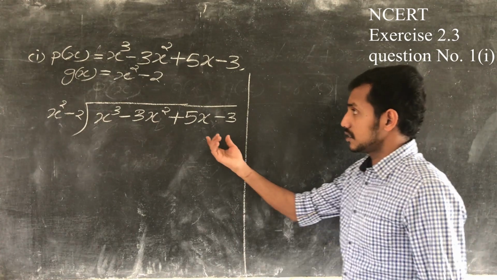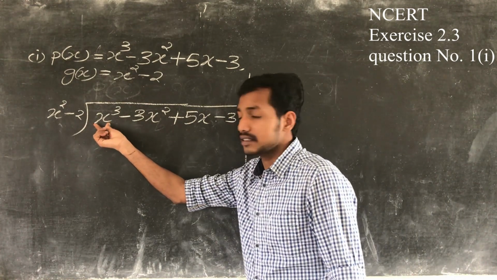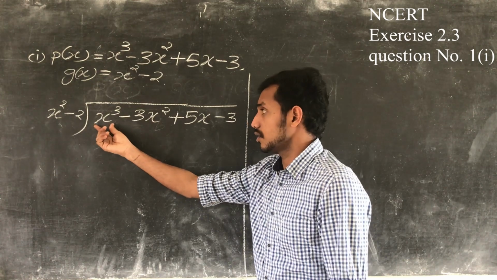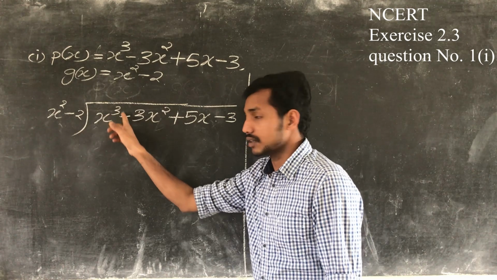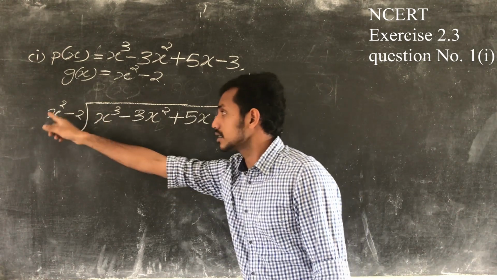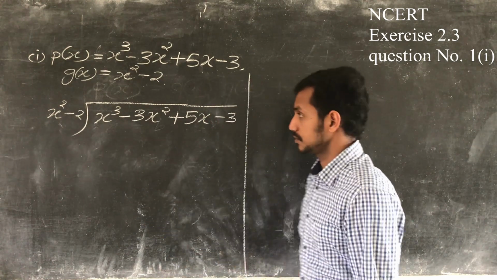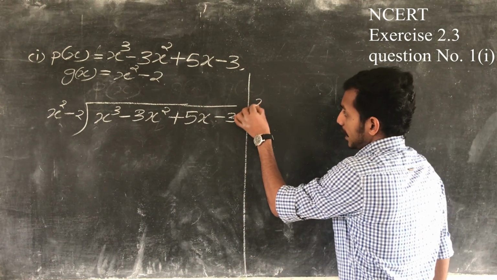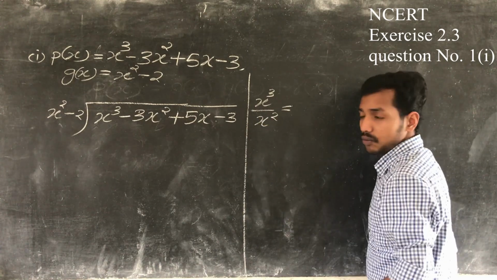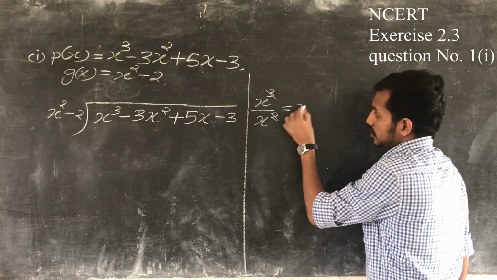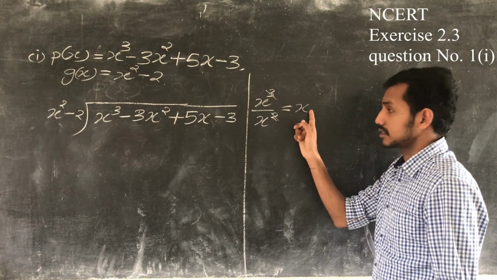We need to proceed in some steps. First, we have to divide the term with the highest power by the term with the highest power of g of x. That is x cube divided by x square. We will get x.